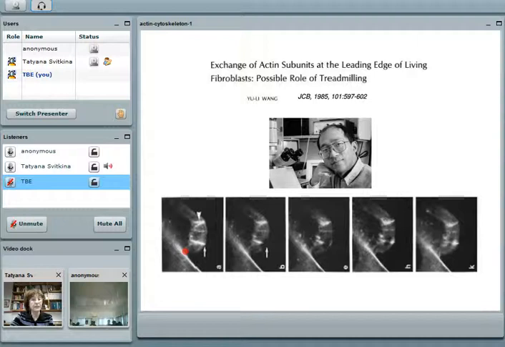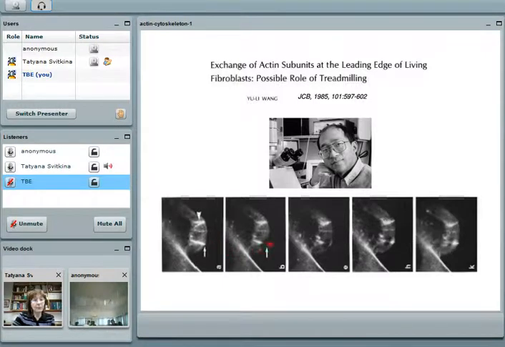He used actin labeled by a fluorescent molecule, injected it into the cell, and waited for it to incorporate and mix up with endogenous actin. So you can see the leading edge of the cell with filopodia, which are bright linear structures, and more diffuse fluorescence in lamellipodia in between.